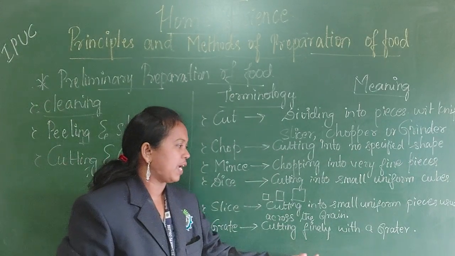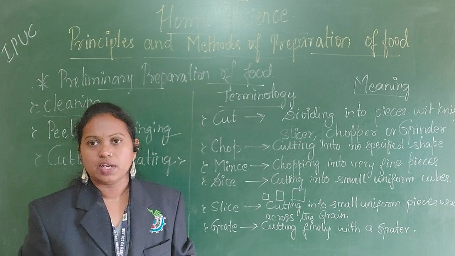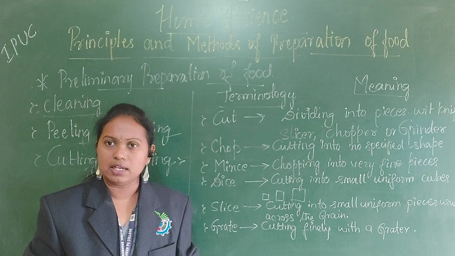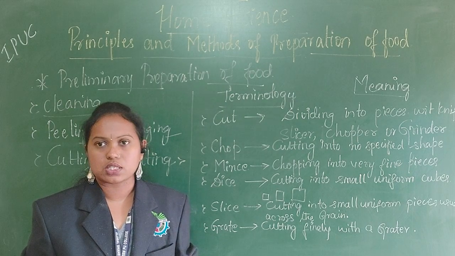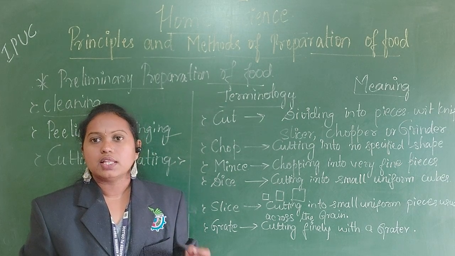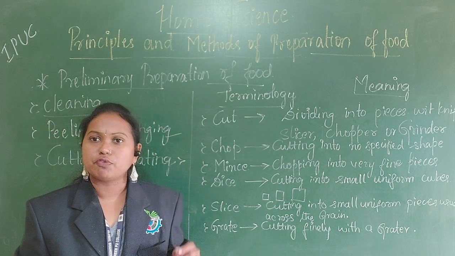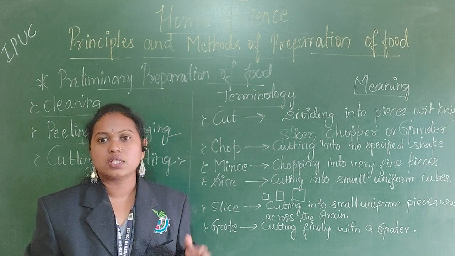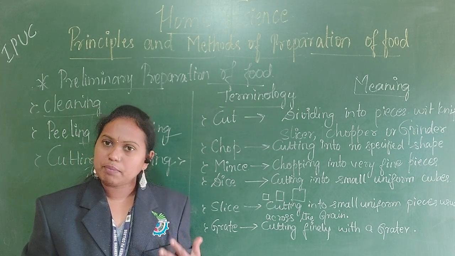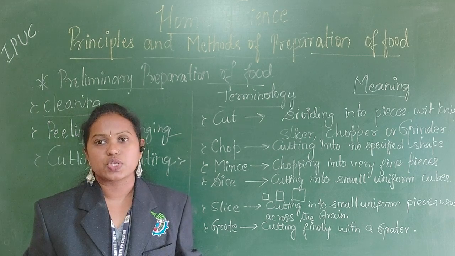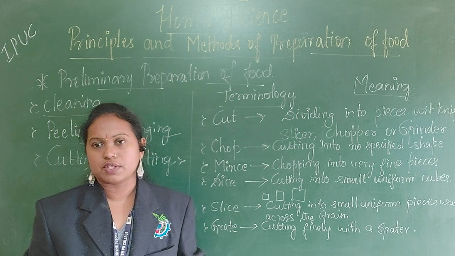A grater is a hand-held metal device containing numerous raised slots of varying sizes that cut the food item into fine small pieces as the food is rubbed across the surface of the grater. Vegetables and fruits can be grated to make salads interesting. Cheese can be shredded or grated to decorate the foodstuffs which are prepared.